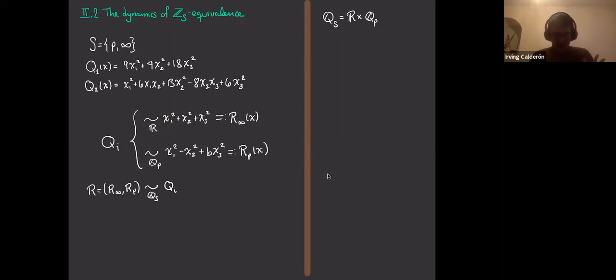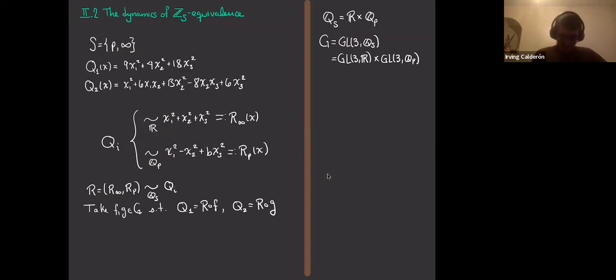Okay, so now the game is almost the same as before. We'll consider the Qs equivalence determined by the group G, GL3(Qs). So it's simply the product of GL3(R) and GL3(Qp).